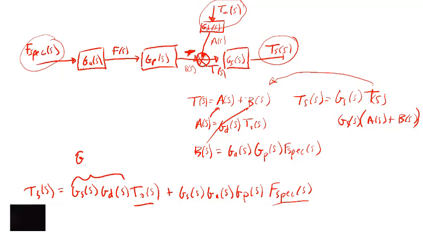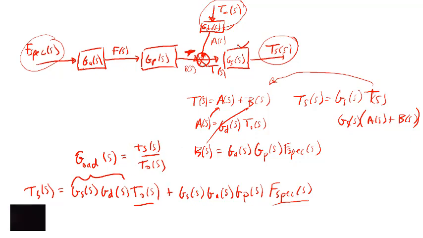So I'll write G overall with respect to the disturbance of S, because this term equals the output, which is T sub S in the Laplace domain, over T naught of S. By combining these two transfer functions, the one for the sensor and the one for the disturbance, we can know how changes in T naught affect the sensed temperature value.